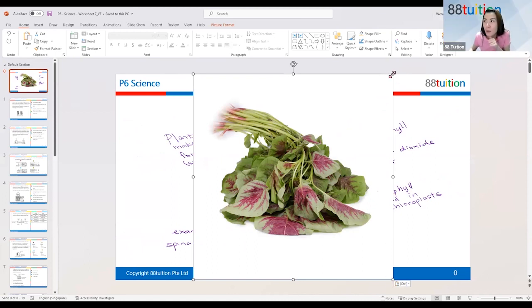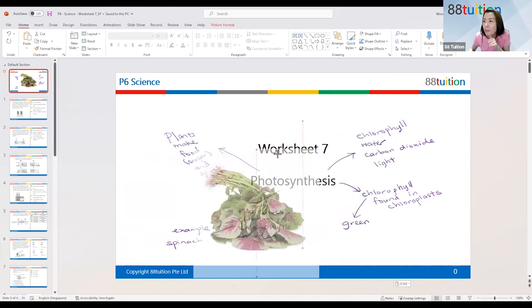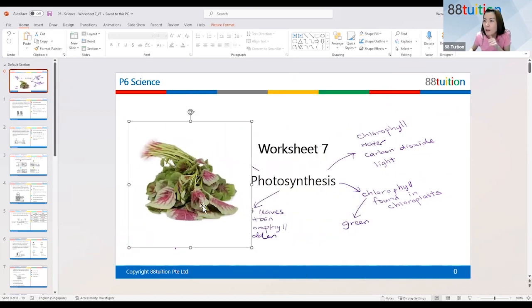So if you get your mom to buy these vegetables from the market, usually what do you do with it? You can cook soup, you can stir fry. I like to cook soup with spinach and eggs.